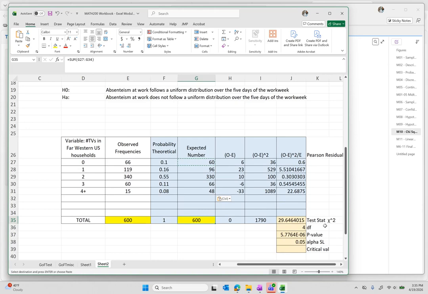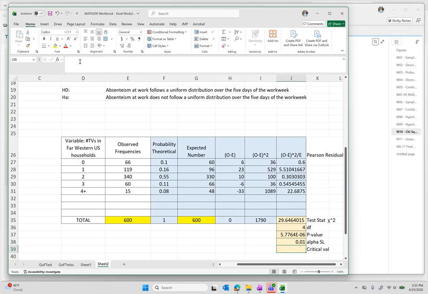I have 4 degrees of freedom. I have a p-value of 0.000006, and that is because this value of 5.77 written in scientific notation has 5 located 6 places to the right of the decimal point, and I had an alpha of 0.01.